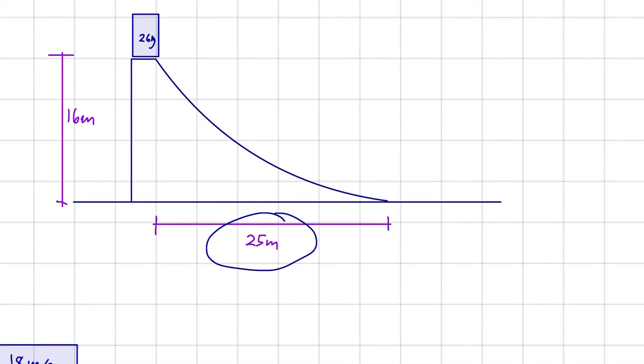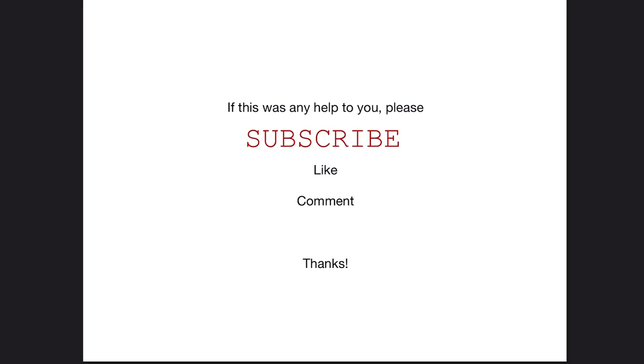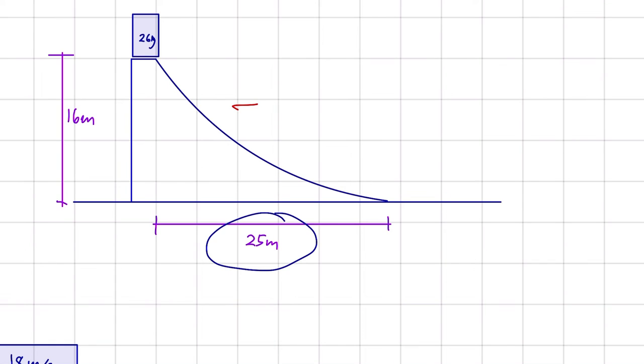So we have the friction, acting counter to the movement. Remember, our block, or rather our person, is sliding down with a motion in this direction, and the friction is acting in the opposite direction.